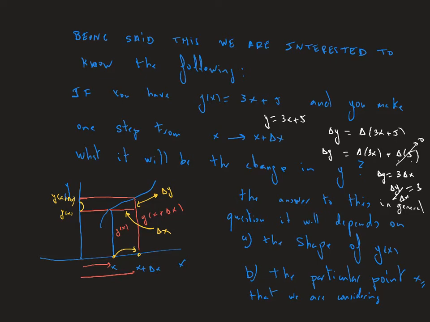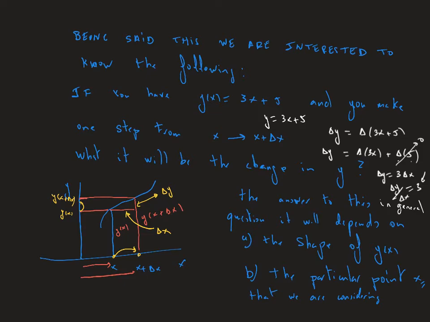So I have found, using the operator delta, what is the slope of this curve. And the slope is delta y divided by delta x, and I knew before that delta y by delta x would be 3.